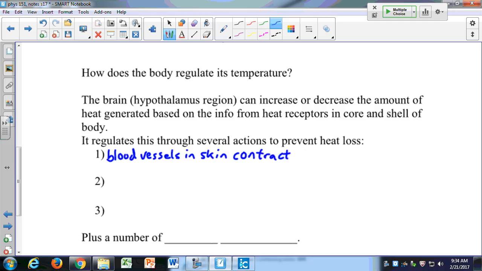They get smaller, so you get less blood flow to the skin, and that means you're keeping that nice warm blood deeper down within your core. So you have less heat loss, because the blood vessels close to the skin get smaller and less blood flows to them. Less blood to the skin, less heat loss.